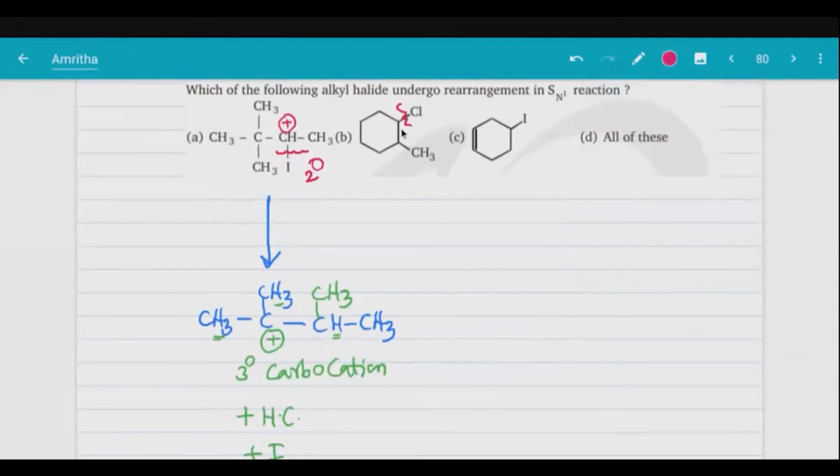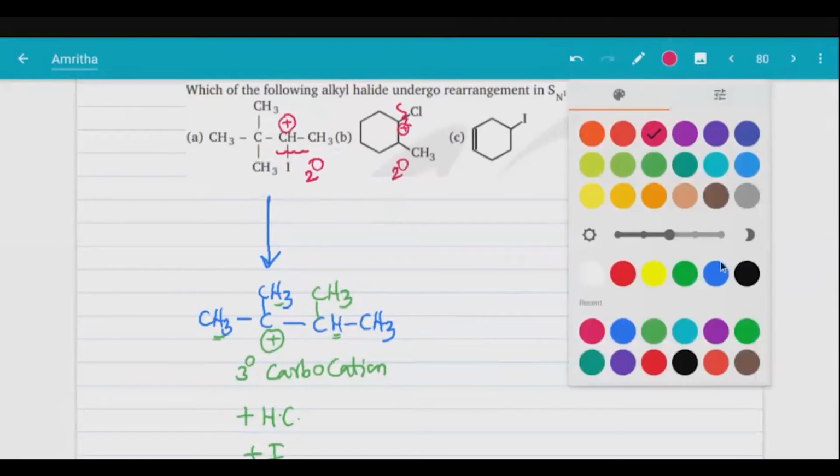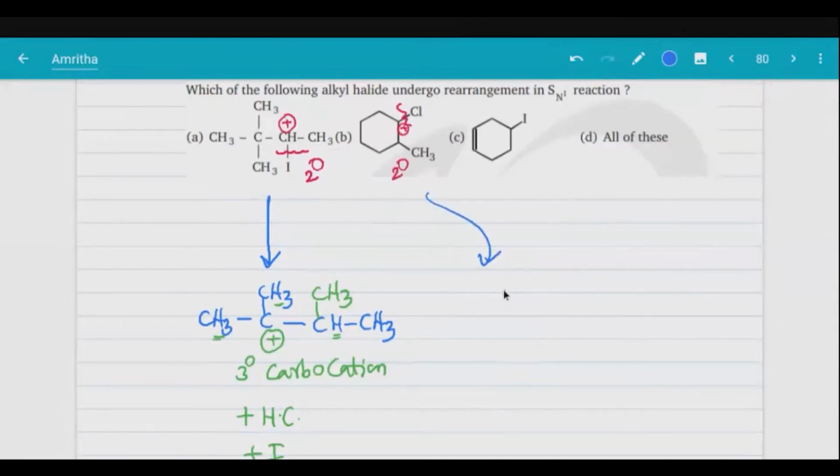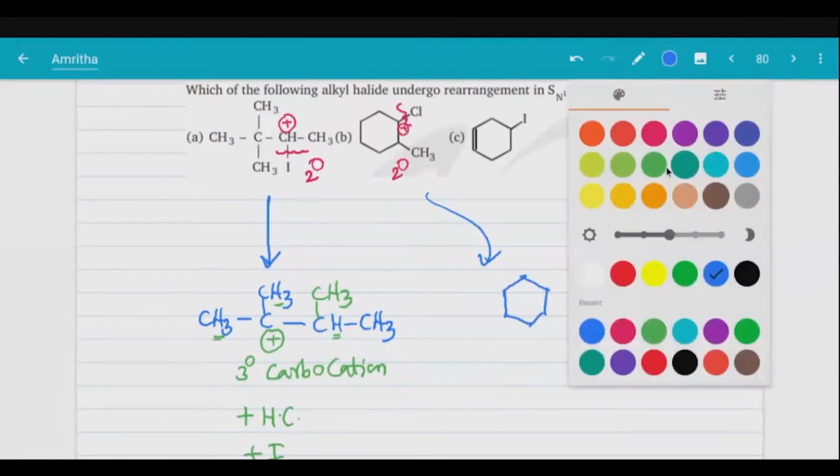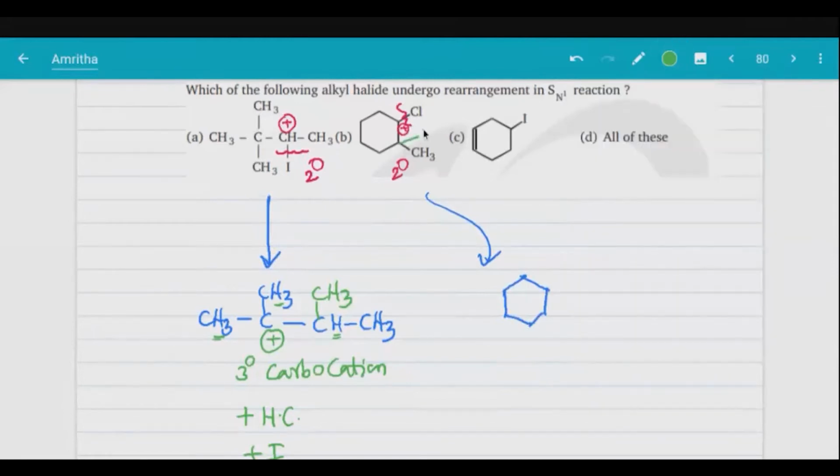Okay. And option B, what you have to do first step, you break this. Now, there is a plus charge. It is secondary carbocation. Now see this, if it is secondary, so what I'll do is I'll shift one of the hydrogen from here. Let us shift, there is one hydrogen. Okay, I'll shift this hydrogen. I can write a positive charge at this point.